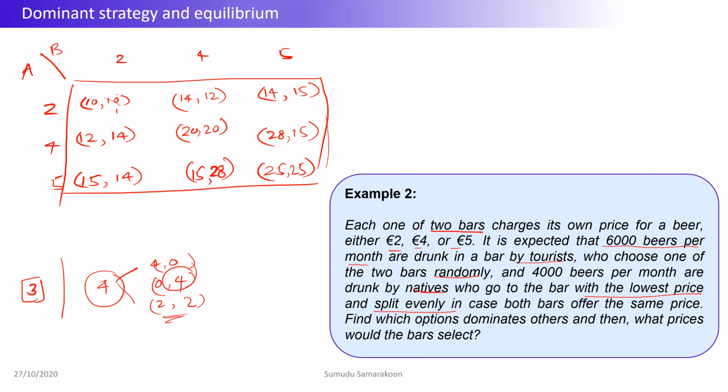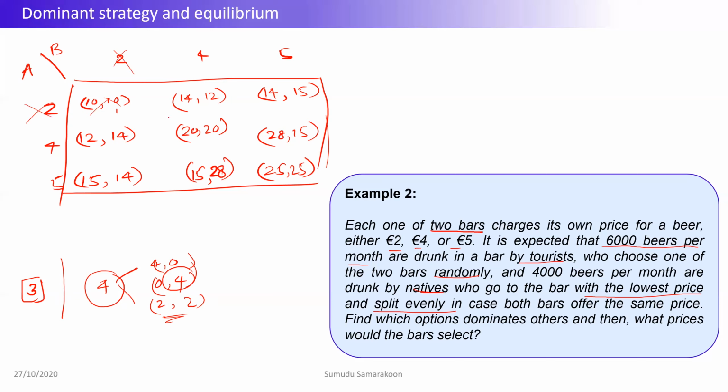So B is not going to stick with price 2, because moving from 2 to 4 always gives him a better outcome. Similarly, A is not going to stick with 2, because every time he moves from 2 to 4, there's an improvement. So A is not going to play this, and B is not going to use this value.